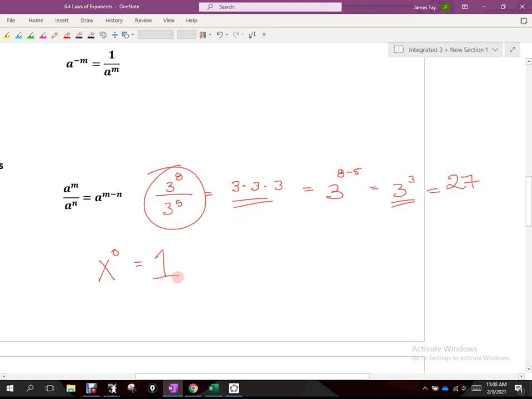It is 1. Why? I mean, there's a coefficient of 1, but x could be anything. x is a variable, so x could be 1, so 1 to the 0, or x could be 2, so 2 to the 0, or 3 to the 0.